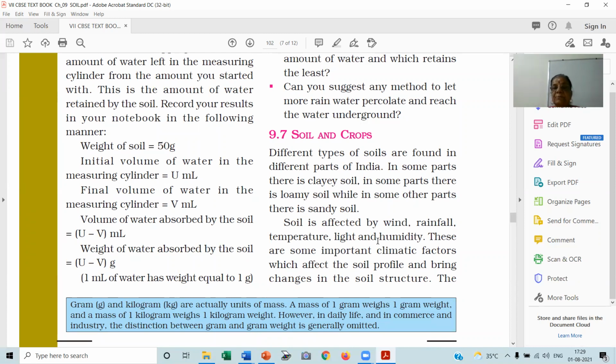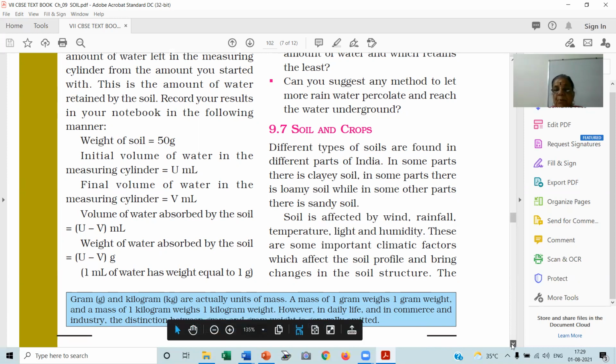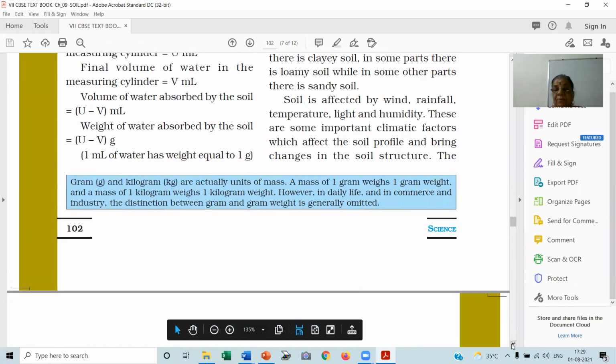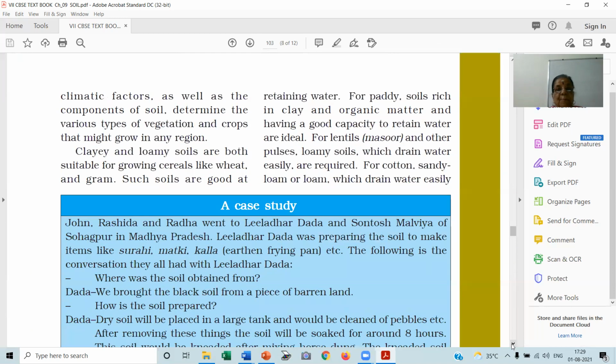How the climatic factors are affecting the soil. Soil is affected by wind, rainfall, temperature, light, and humidity. These are the important climatic factors which affect the soil profile and bring changes in the soil structure. Mark it: importance of climatic factors affecting the soil.